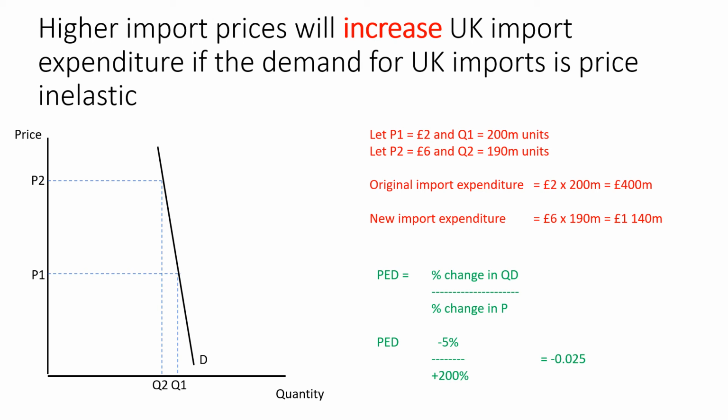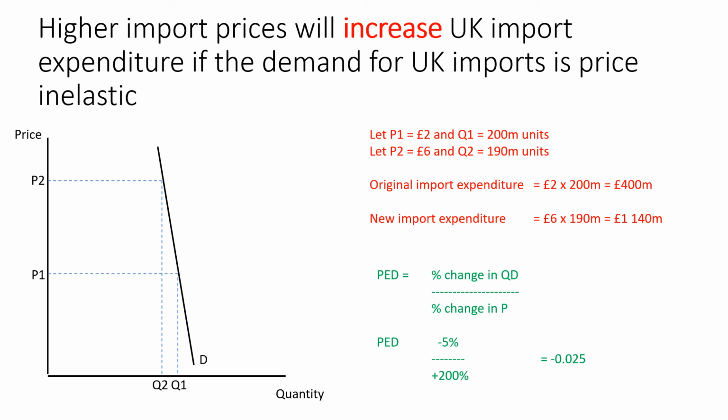So P2, we're going to give a figure of £6. There was a little contraction, so Q2 dropped from 200 million to 190 million. So our new import expenditure is going to be 6, the new price, multiplied by 190 million. You can see that import expenditure has risen from 400 million to 1,140 million.